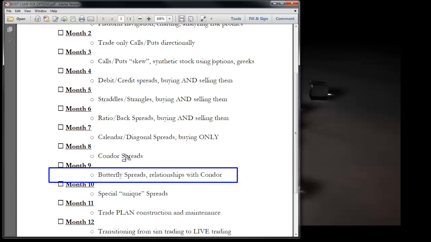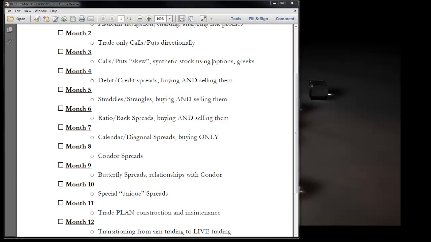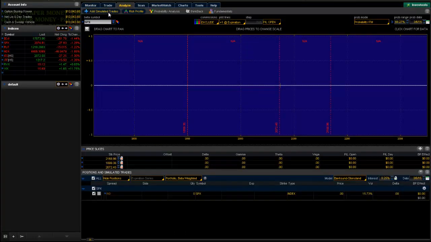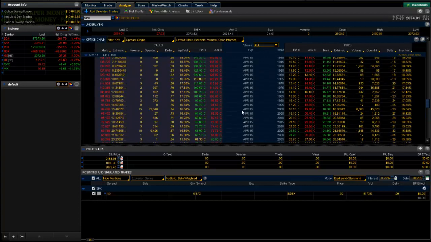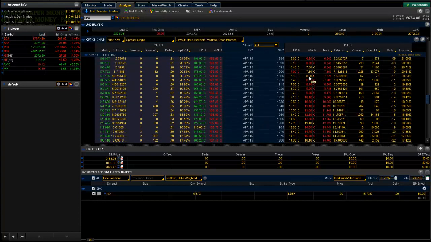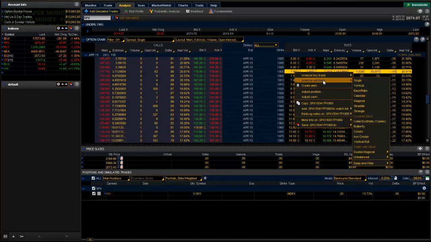As I talked about in the last lesson, an iron condor is simply using both the puts and the calls. So, for example, let's say we wanted to analyze selling an iron condor.